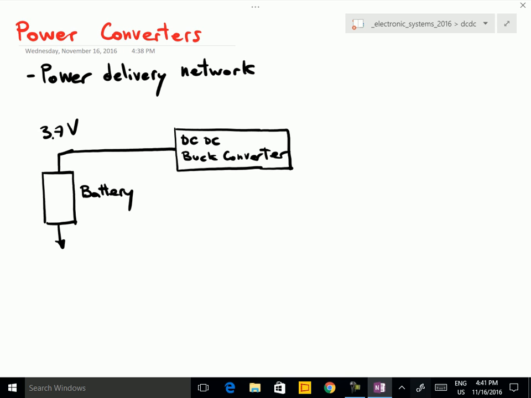A buck converter is a switching regulator that provides a voltage at the output that is smaller than the voltage at the input.